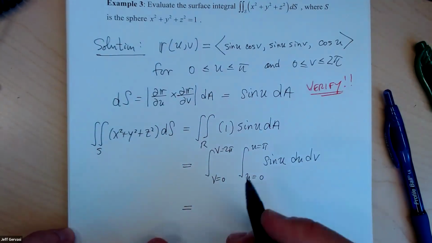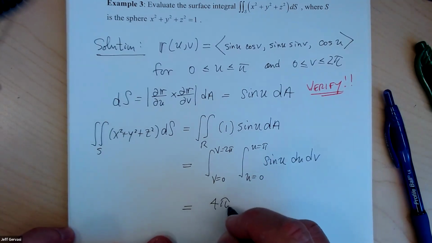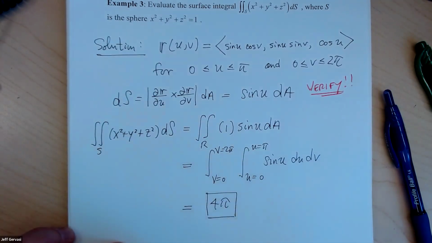I'll leave the details to you. Should get 4 pi.